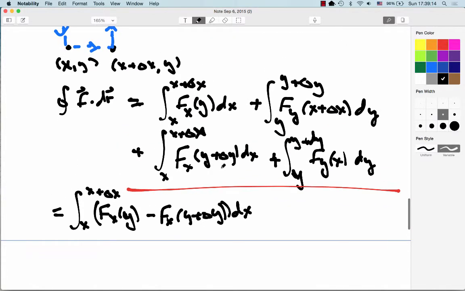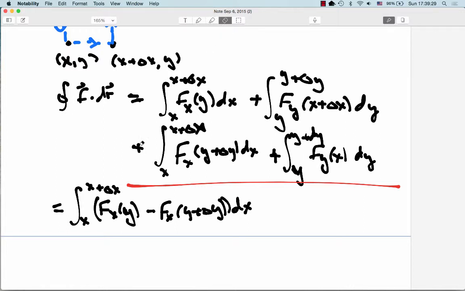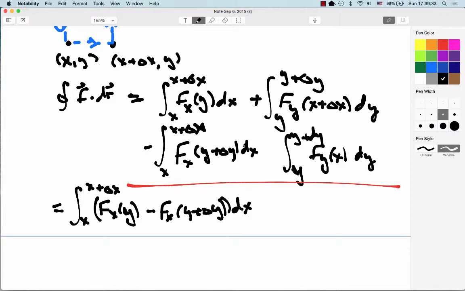My bad there, I actually had 3 minus signs going here. When I flip the order of integration, those should be minuses there. My bad. There, much better.